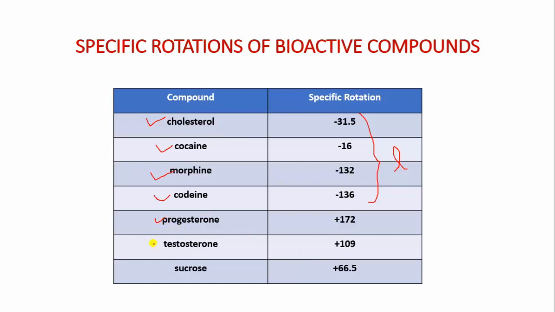Progesterone, testosterone, sucrose all show dextrorotatory activity. Dear students, hope you understand what optical activity is. In the next lecture, we will see optical isomerism in detail. In that we will see enantiomerism, diastereomerism, meso compounds and racemic mixtures.